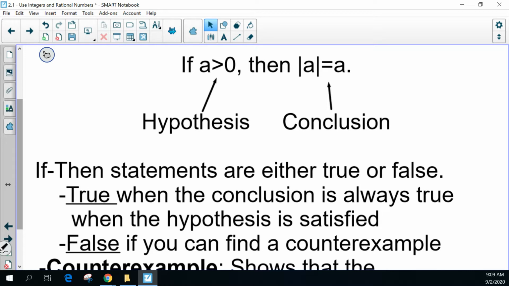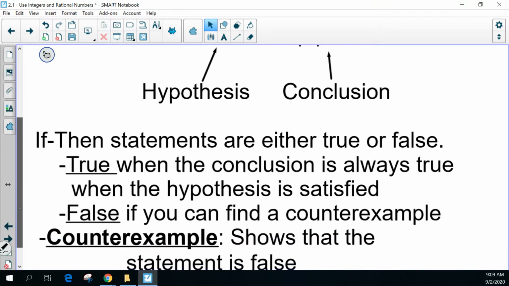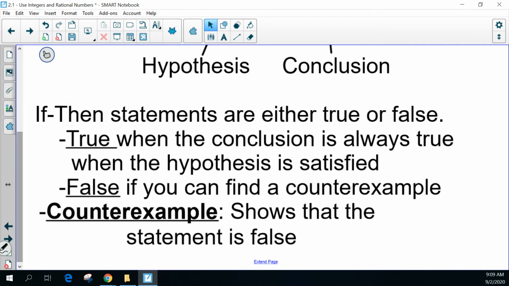Okay, that means every time it's going to be true. If it was false, that means you can find a counterexample. A counterexample would show that the statement is false. So if you found one counterexample proving that it wasn't true, then the whole if-then statement would be not true.